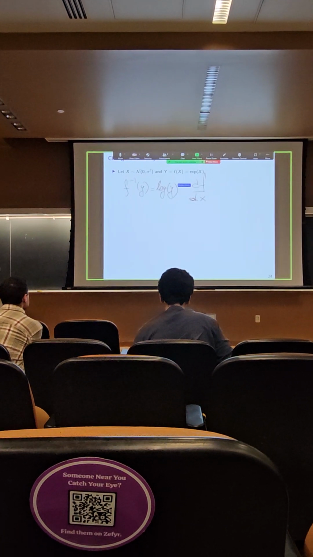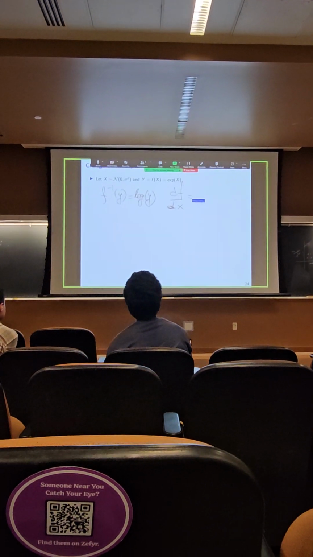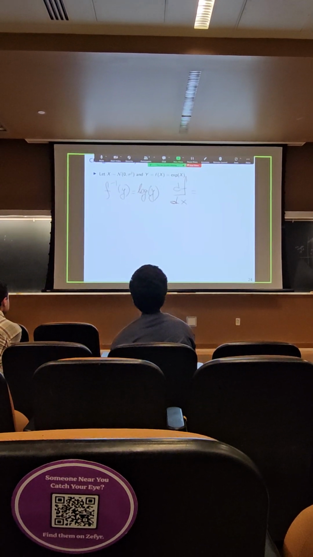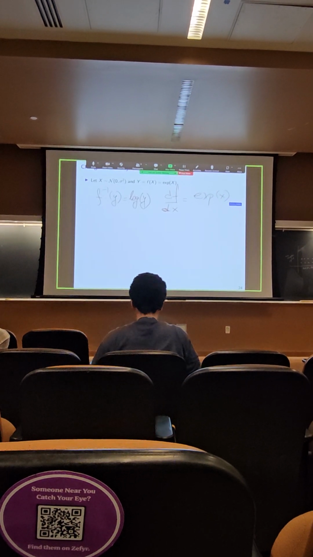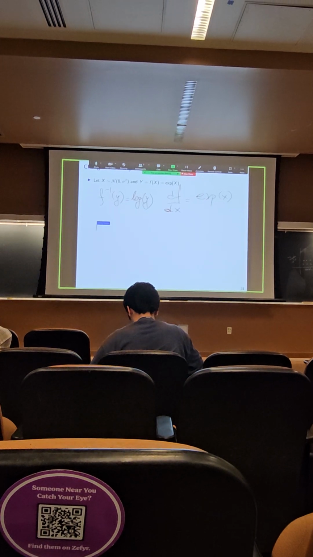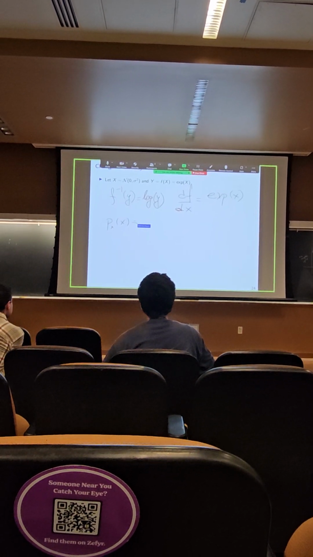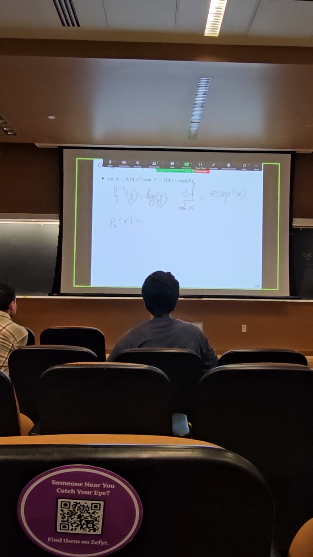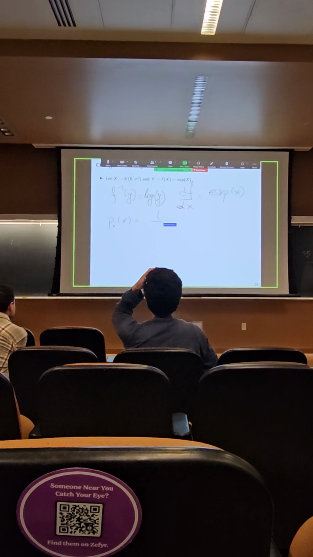Okay, good. How about df dx? Yeah, it's just exp of x. Okay, and now we're almost there. What is p x of x? What is the density of x? It's 1 over sigma square root of 2 pi.